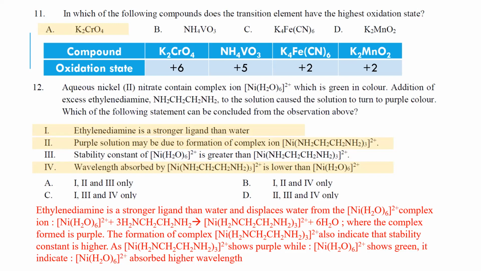Always remember the wavelength order: from the shortest, purple color, to the longest, red color. So you should be able to distinguish which is which color. Okay, so that is for number 12.